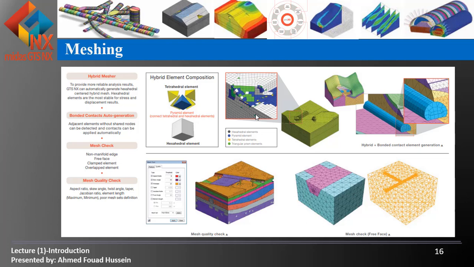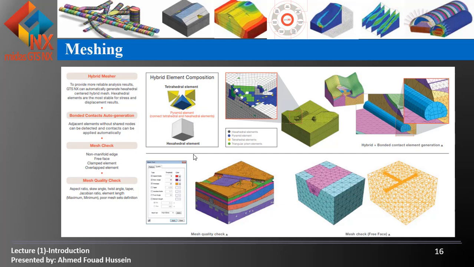Here Midas has different techniques for meshing. Here these are tetrahedral elements and this is a hexahedral element. So the software gives you the option to choose the shape of the element.